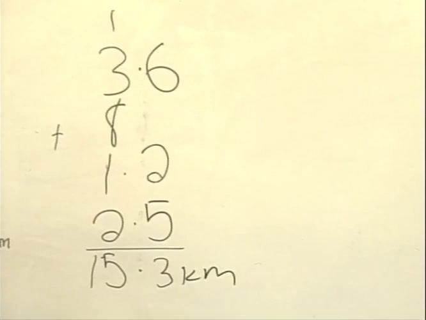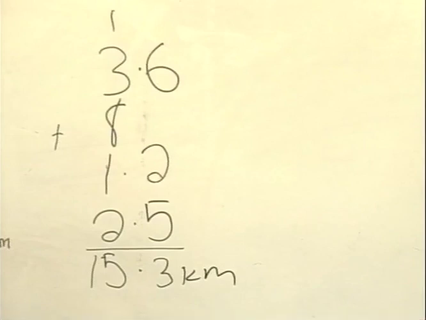Here is how I got my answer. First is I got my answer is 6 plus 2 plus 5 is 13. I put 3 down and carry 1. Okay, 1 plus 3 plus 4 plus 1 plus 2 is 15. And 15.3 is my answer. Okay, thank you. Thank you, Rachel. Let's give her 2 big claps.